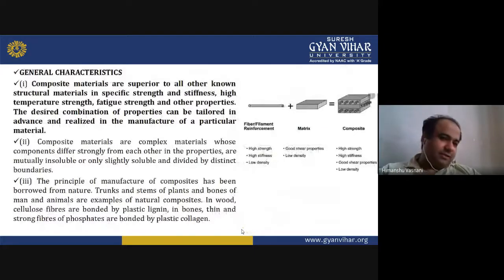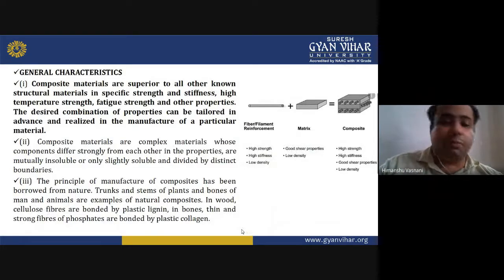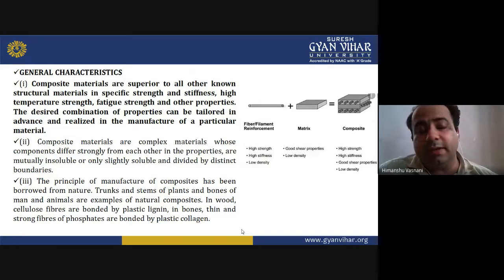So, the general characteristics of these composites. Composite materials are superior to all other known structural materials in specific strength and stiffness, high temperature strength, fatigue strength, and other properties.